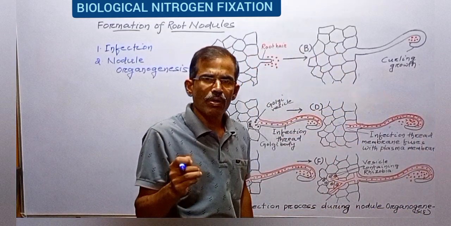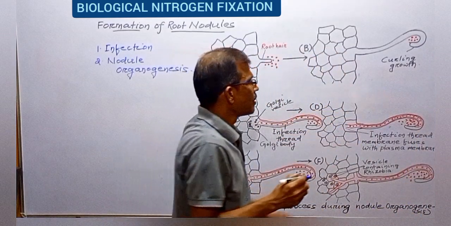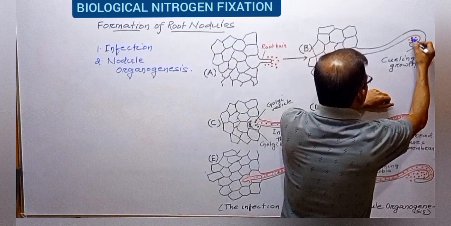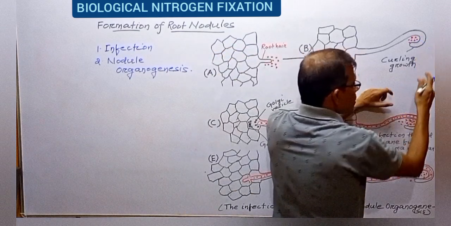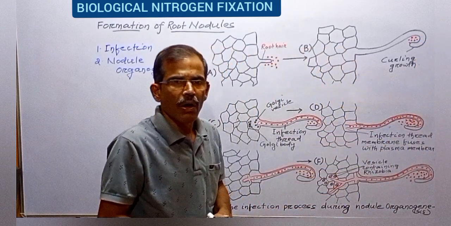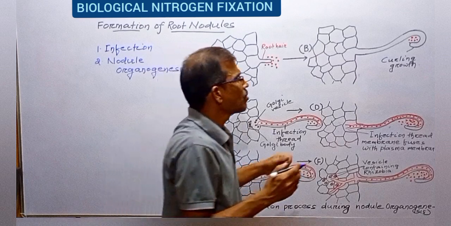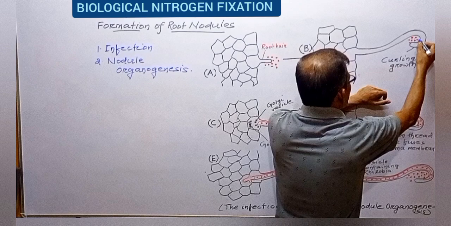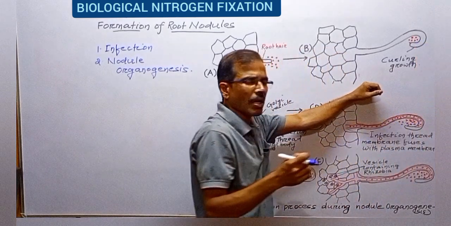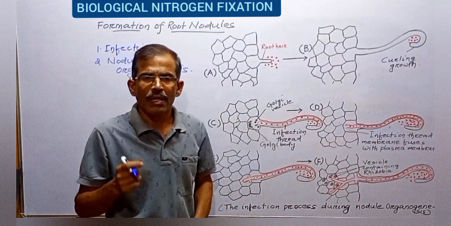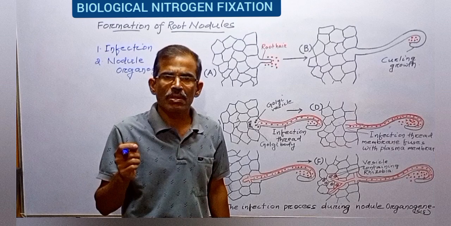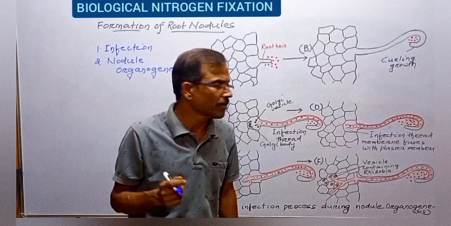Also, in response to nod factors, the cell wall of the root hair in this region is degraded, allowing the bacterial cells direct access to the outer surface of the plasma membrane of the root hair cells. The next step is the formation of the infection thread.